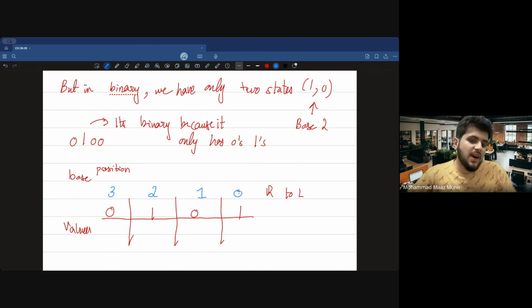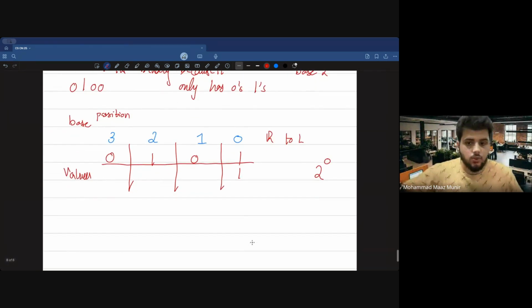Now if I want to find the value for the first element, it's going to be base raised to power the position. The base is 2. 2 raised to power 0 is 1. For the next one, 2 raised to power 1 is basically 2. So the value for the second element is going to be 2.